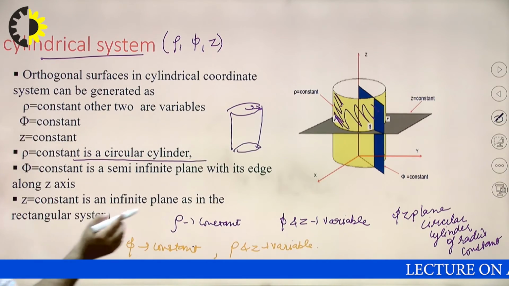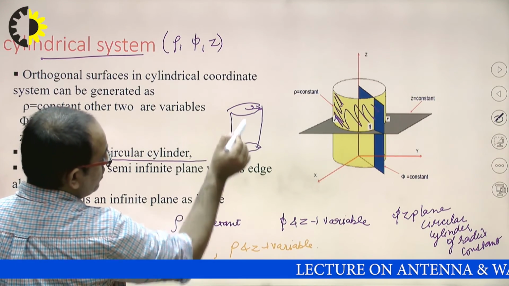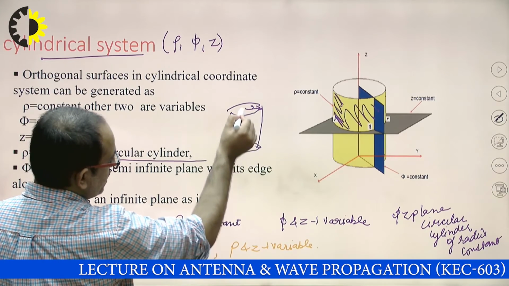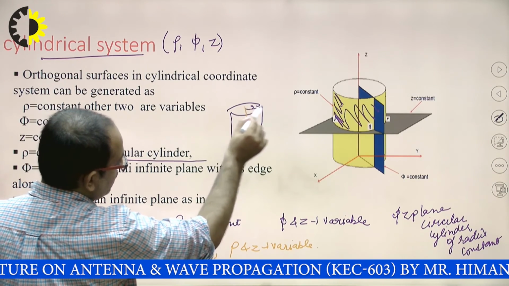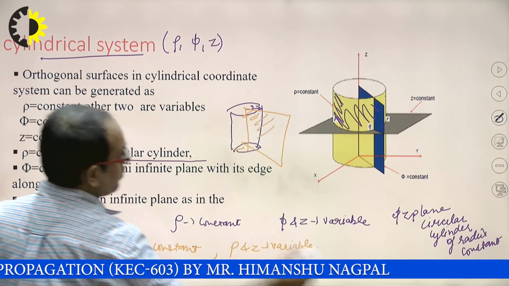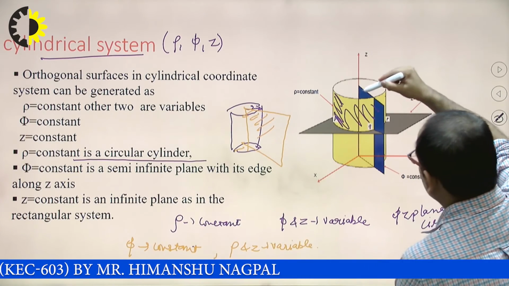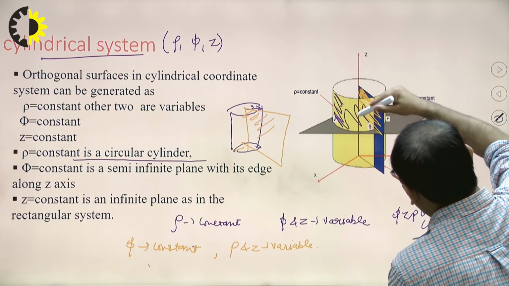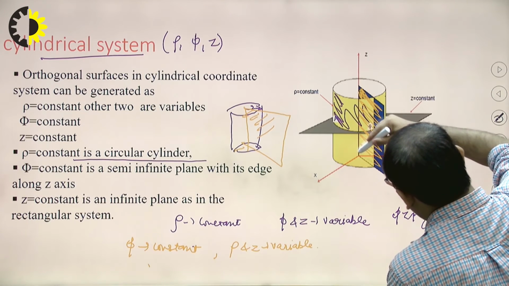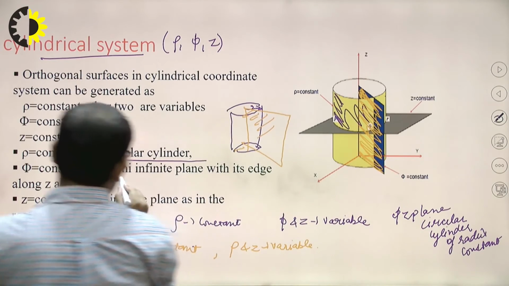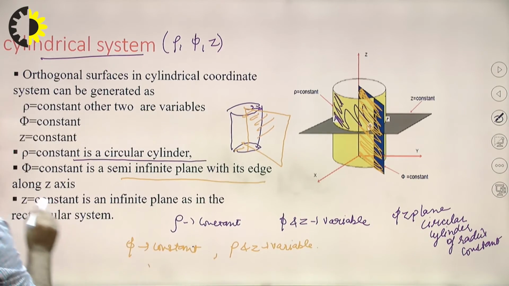If I say phi is constant, phi constant means this angle is constant, then which plane will be formed? This one. You will see that this plane will be formed. Clear? When phi is constant, a semi-infinite plane with its edge along the z-axis.